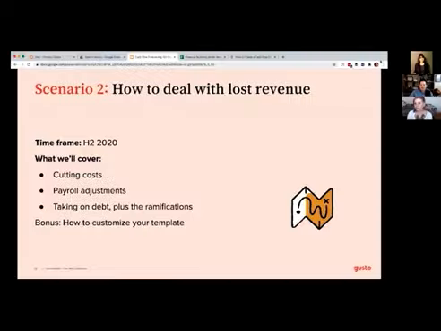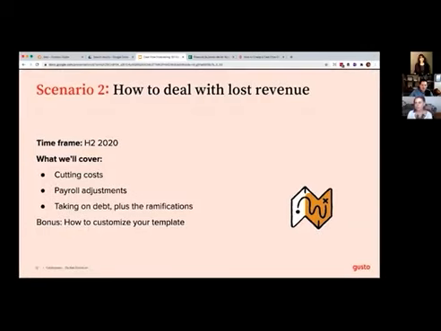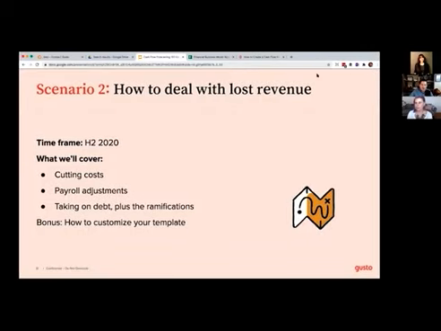And I see there are questions coming in. A lot of it has to do with customization. And that's what I want to talk to you guys about. I want to talk about what happens after you build the model, especially in a situation where you're losing revenue. In a recession, perhaps you lose half your clients. And now the question is, well, can I get through with the staff I have, or am I going to have to furlough people, do layoffs?